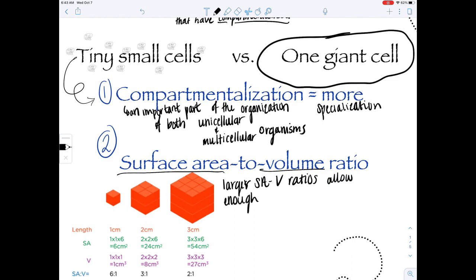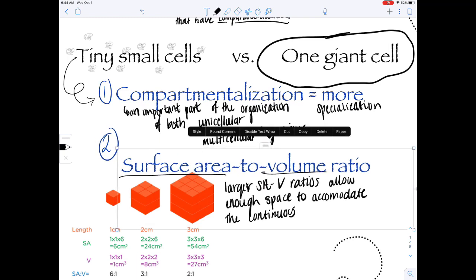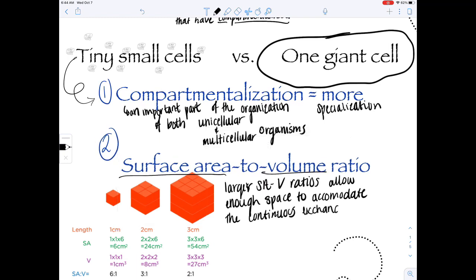Okay, the second thing is the surface area to volume ratio. Now we're going to come back to this in 2.3 and look at this in more detail along with the math, but generally overall, having a larger surface area to volume ratio allows enough space to accommodate the continuous exchanges that we're going to be having going on both inside and outside. So if we look at our smaller cube, we see that our surface area is 1 times 1 times 6, which is 6 centimeters squared.